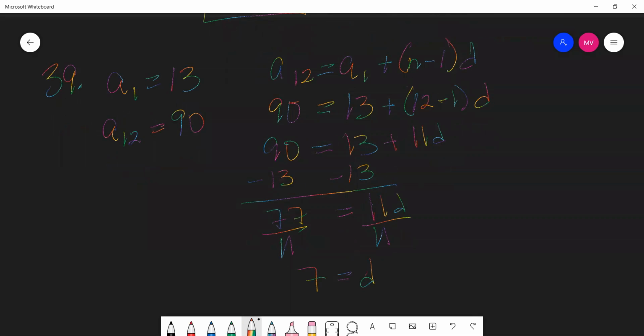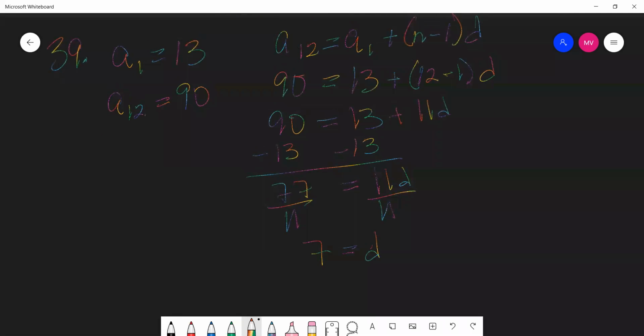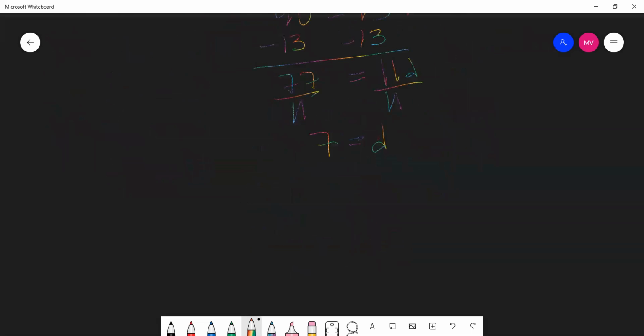So now we know A1 and we know our difference, so we can calculate the term at position 4. Let me put all this down here. A1 equals what? Wasn't it 13? And D equals 7.